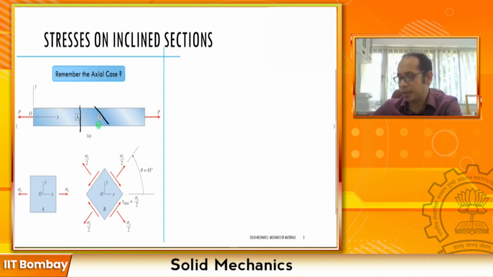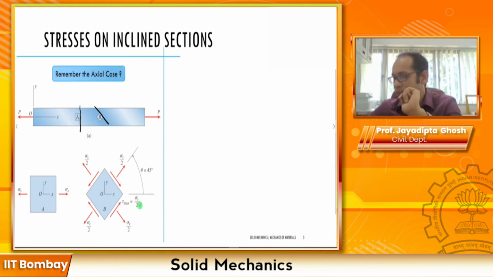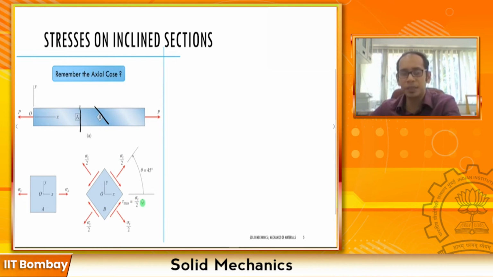If you take an element like this, where all the faces are at 45 degrees, with 90-degree angles in between, this element has a normal stress of sigma x over 2 and a shear stress of sigma x over 2. Now remember, shear stress equal to sigma x over 2 did not mean that the shear has become a normal stress. It just means the magnitude of tau has become sigma x divided by 2.